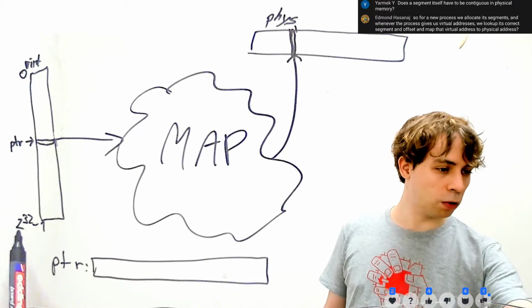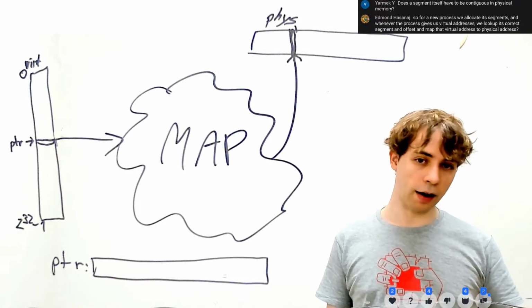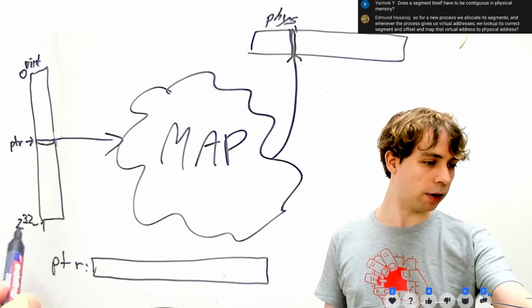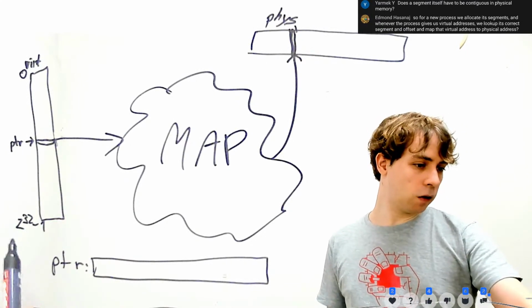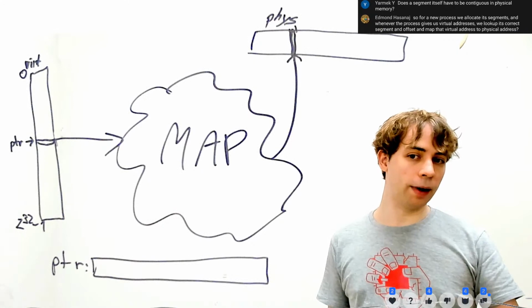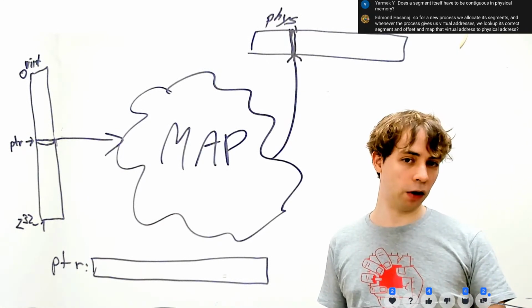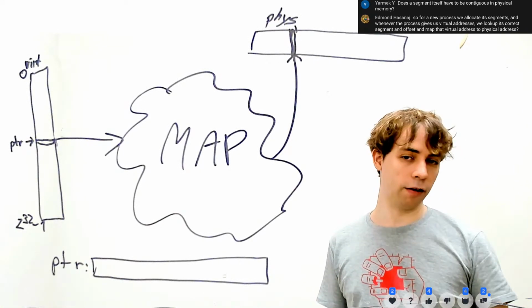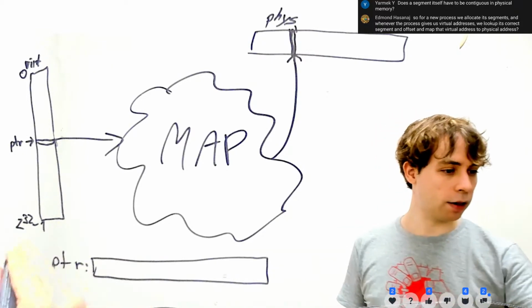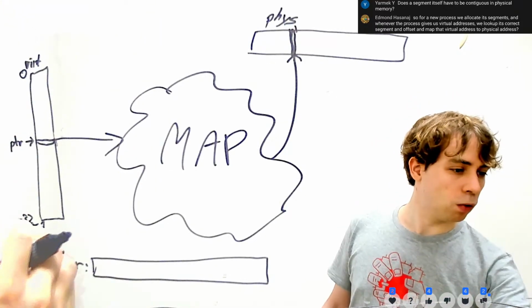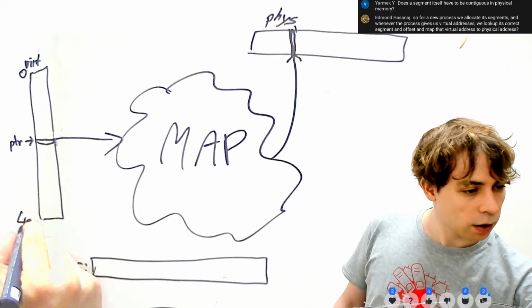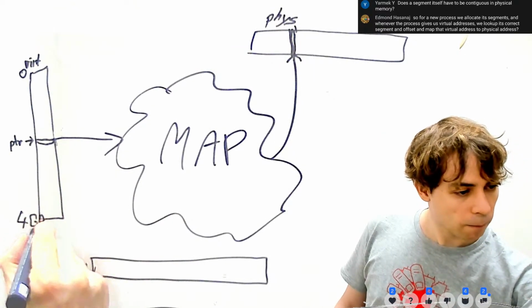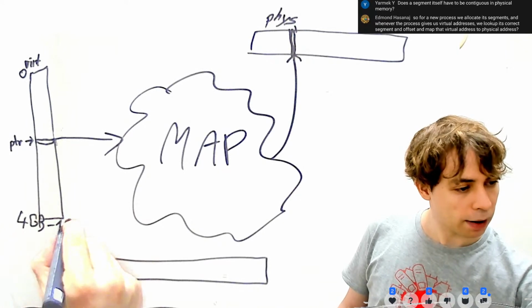We have to be able to translate these numbers into gigabytes and megabytes. So 2 to the 10 is a kilobyte, 2 to the 20 megabyte, 2 to the 30 gigabyte. 2 to the 2 is 4, so this is 4 gigabytes. So instead of 2 to the 32 minus 1, we could also write 4 gigabytes minus 1 byte.